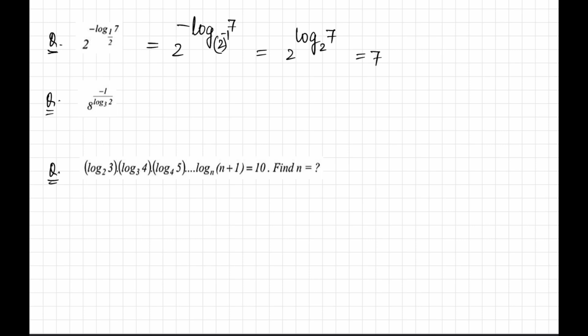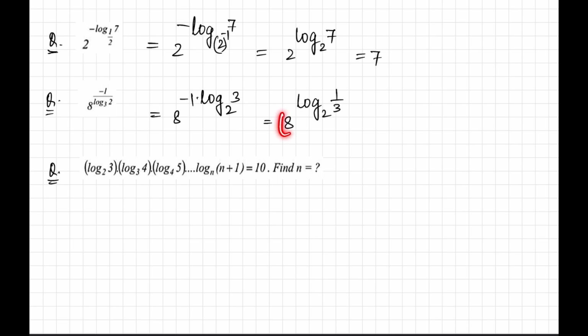Now let us look at the second question. Now here we can write this as 8 raised to minus 1 log 3 base 2. And if we take minus 1 up here, we can write this as 8 raised to log 1 by 3 base 2.